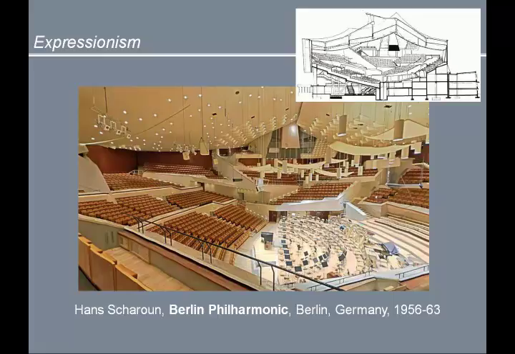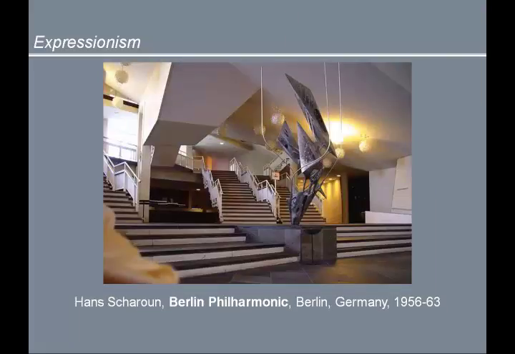And so here, part of that nature is the music and the quality of sound. The program here is very direct, so 2 music halls, a main auditorium, and then a smaller chamber music hall. But it's really not the program that is most interesting here. It's what Scharoun does spatially with the program to create this very dynamic presence.